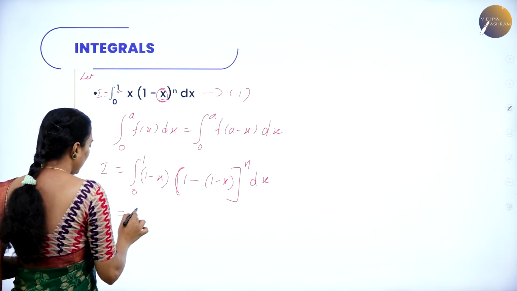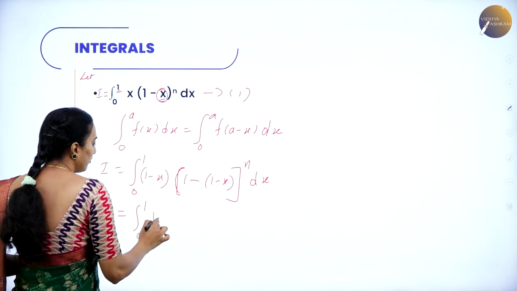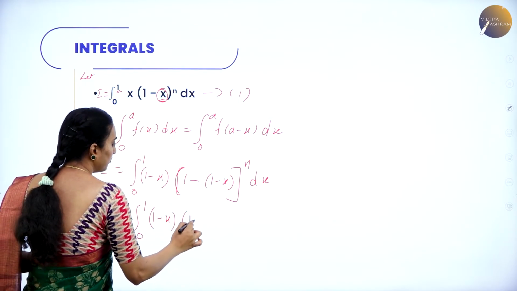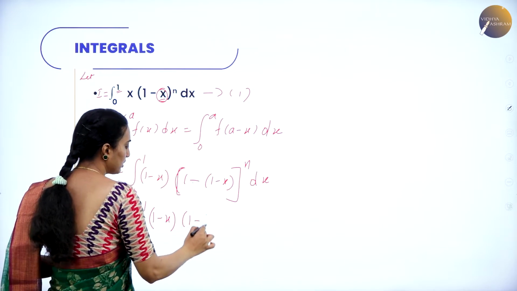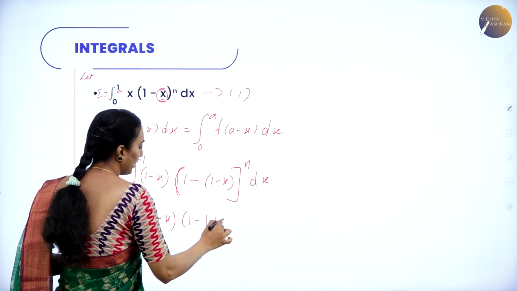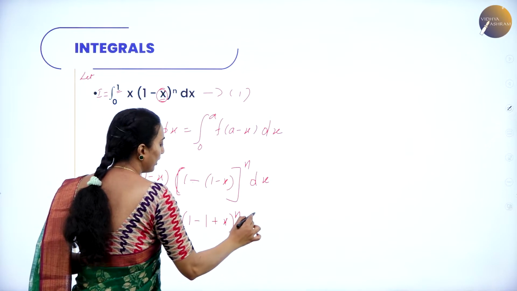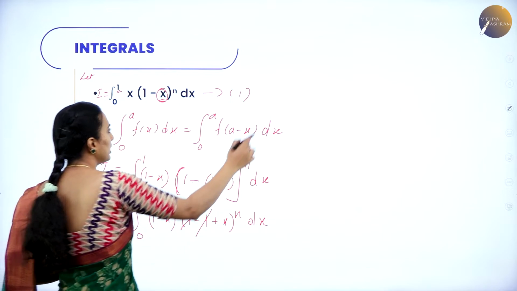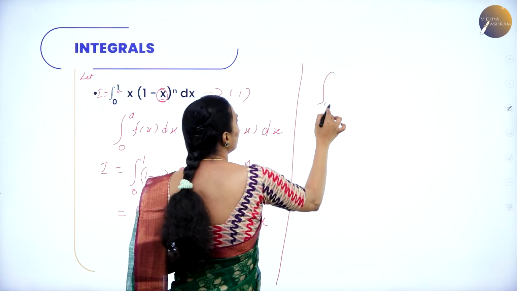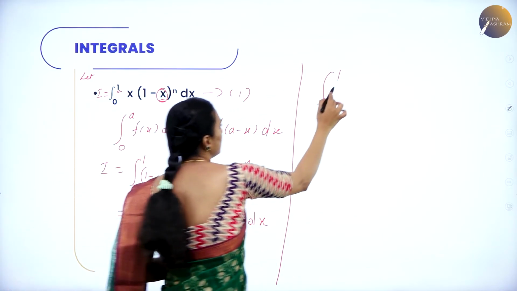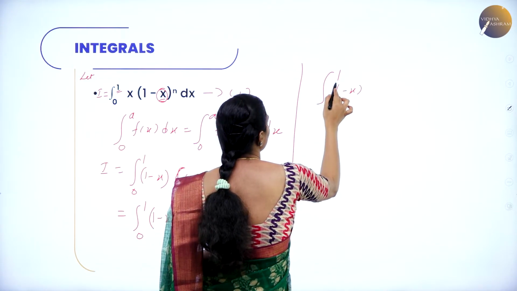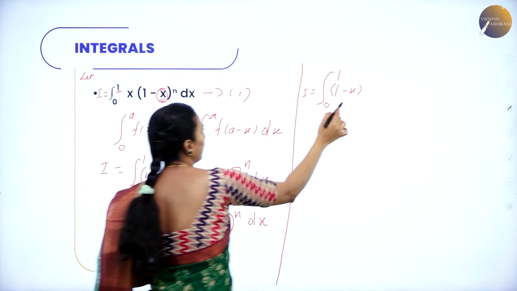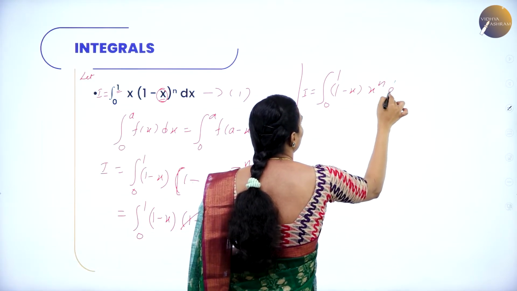Again, if you multiply, minus into plus is minus 1, minus into minus is plus x, to the power of n into dx. Now minus 1 plus 1 will get cancelled. So remaining is nothing but integral 0 to 1, 1 minus x as it is, into x to the power of n into dx.